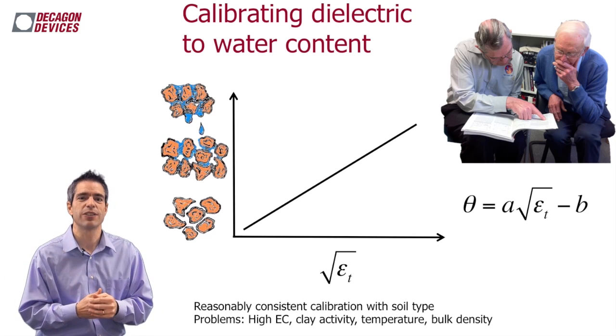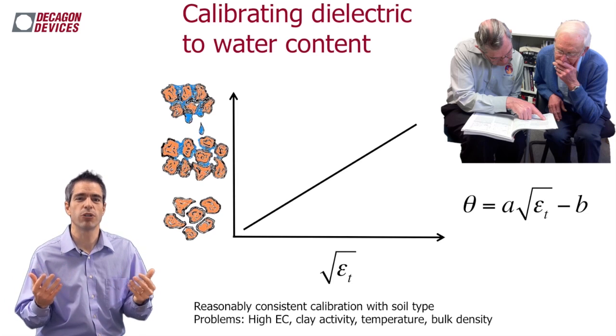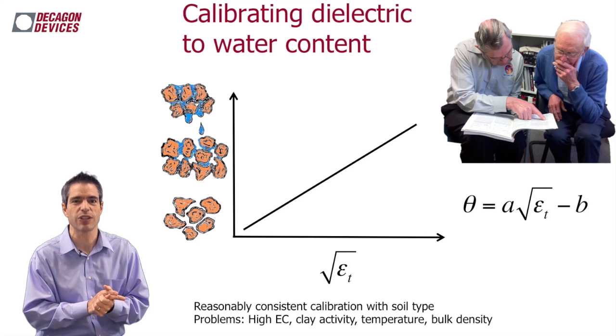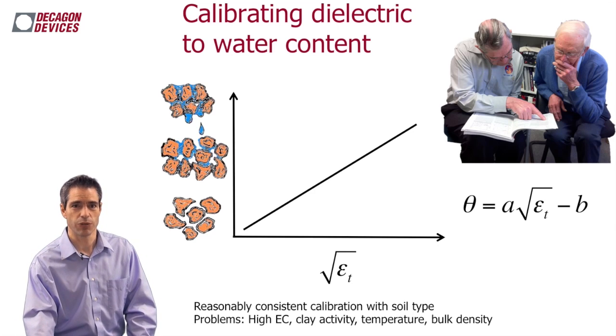And when we talked about this equation, he said, you know, over the years, I have tended to prefer just a square root equation, one that I'm showing on this side, to my original Topp's equation. So when we've done these calibrations, we've tried to move in this direction and found a better fit.